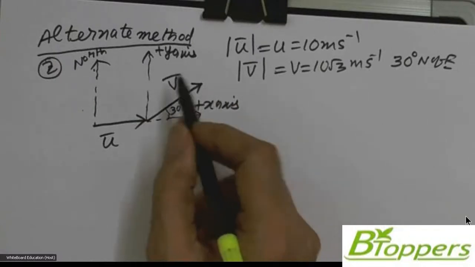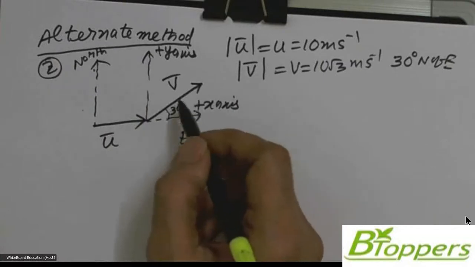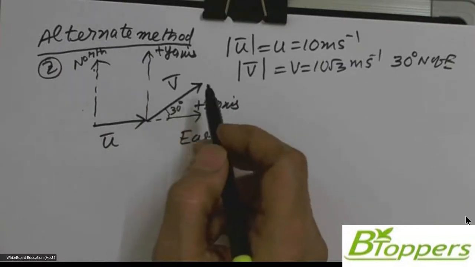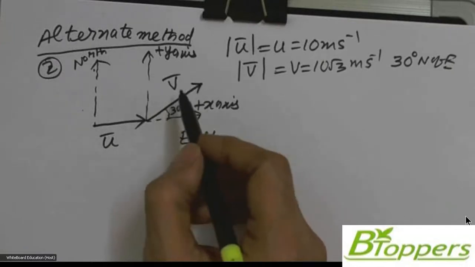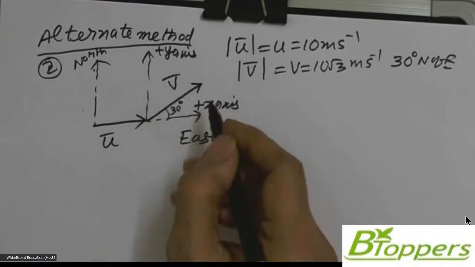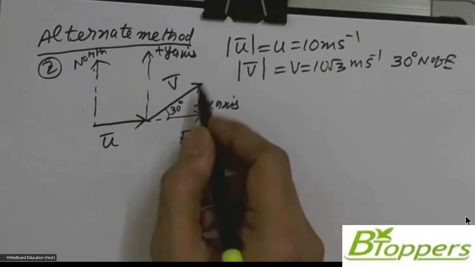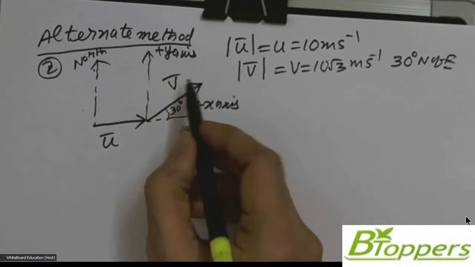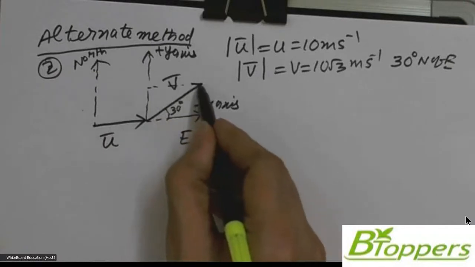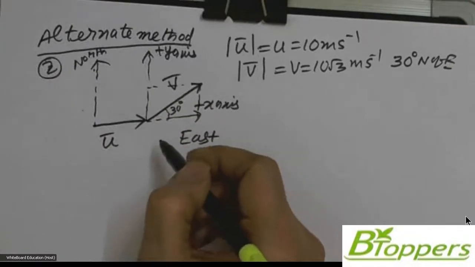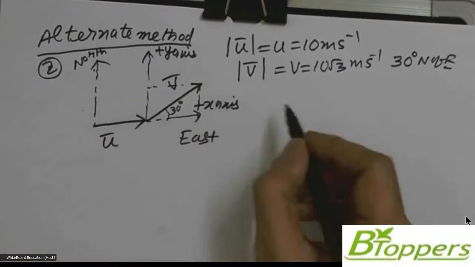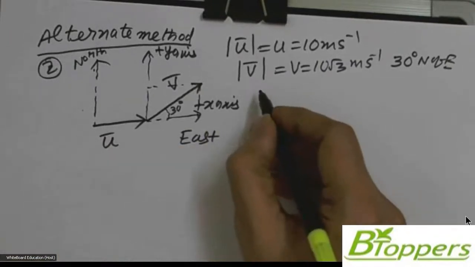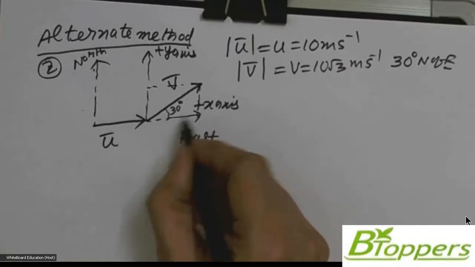So you can express each vector in terms of its two rectangular components and unit vectors along the x and y axis. You can resolve the velocity vector v bar into rectangular components parallel to x and y axis. So the x component of the final velocity vector, you can write v cos 30 degrees, which acts towards east along positive x-axis.